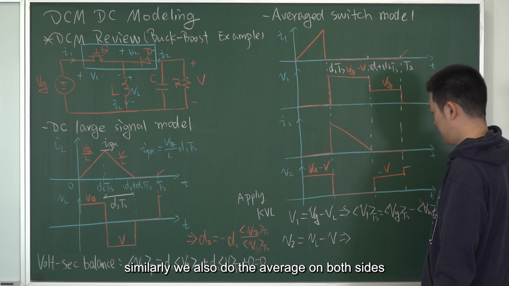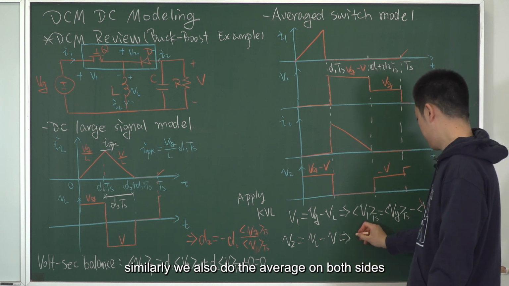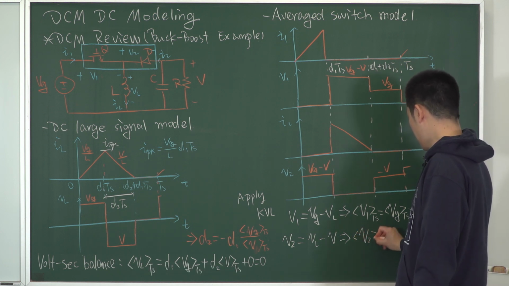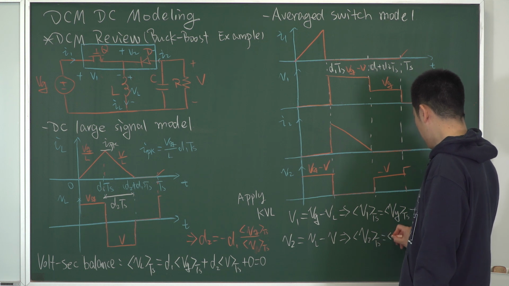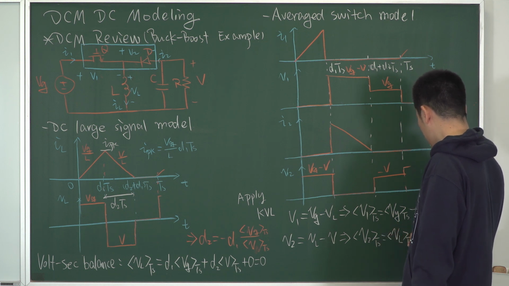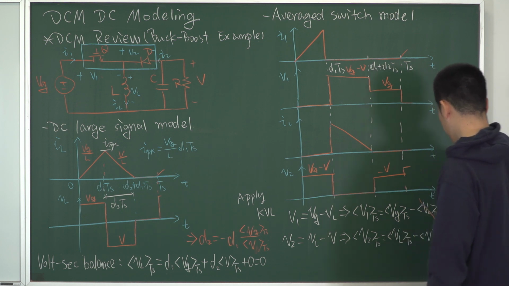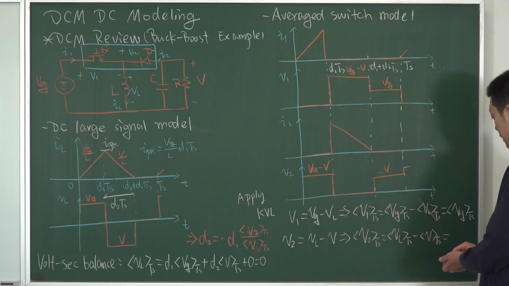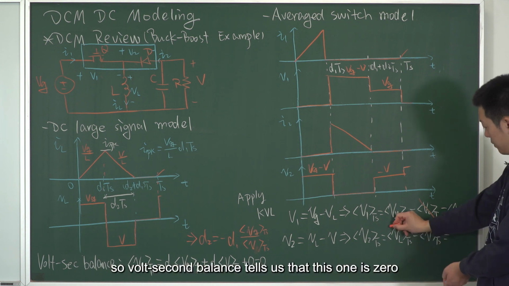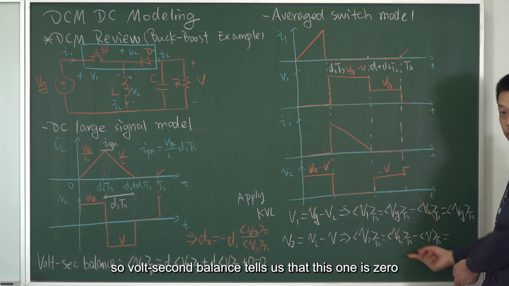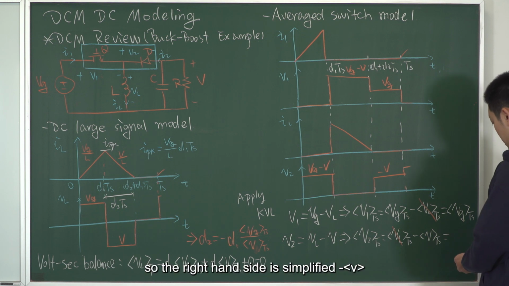Similarly, we also take the average on both sides at steady state. So volt-second balance tells us that this one is 0. So the right-hand side is simplified as minus the output voltage average.